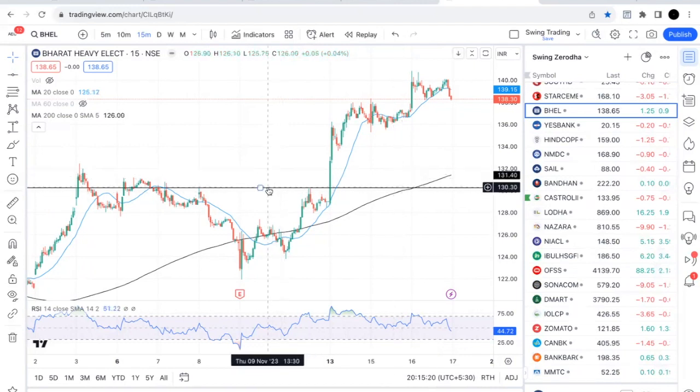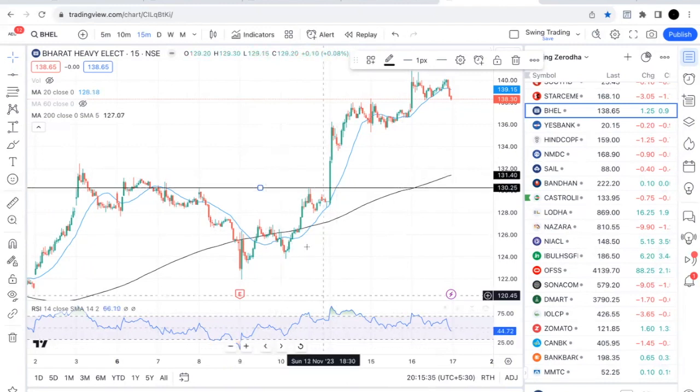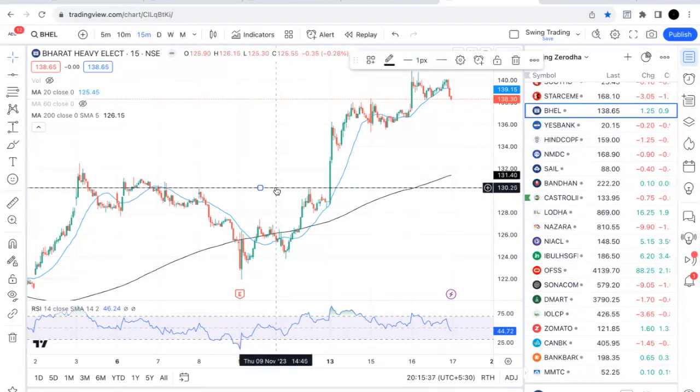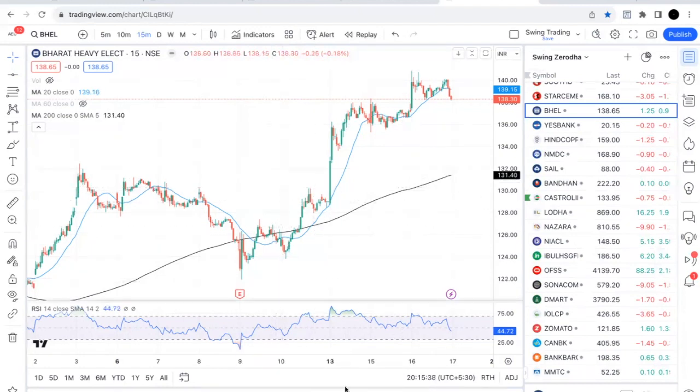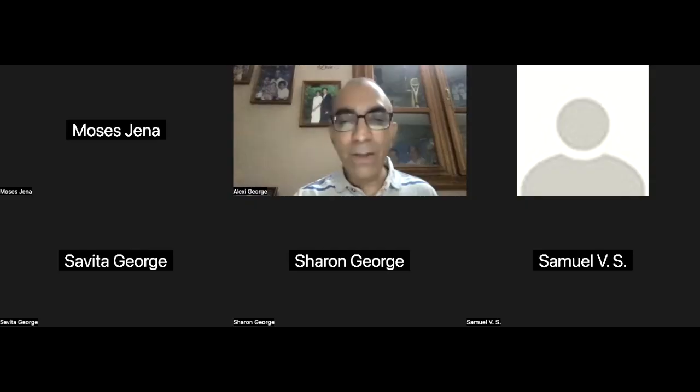So I'm saying you can use the same strategy of support and resistance on stocks that are trending on the monthly, weekly, and daily chart as well. Does that make sense? You can still use that strategy, but you can do it like that. Any others?